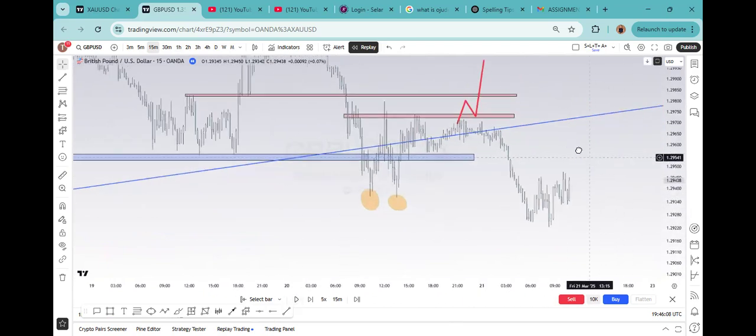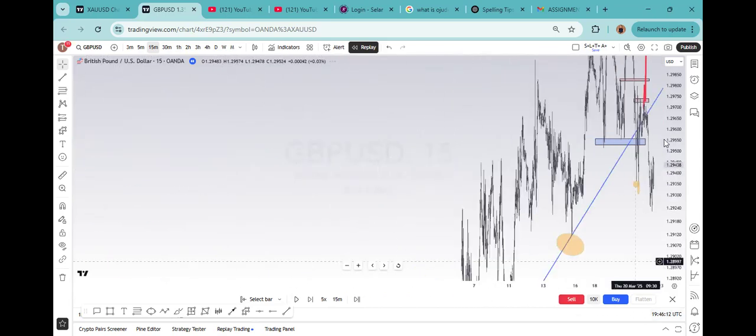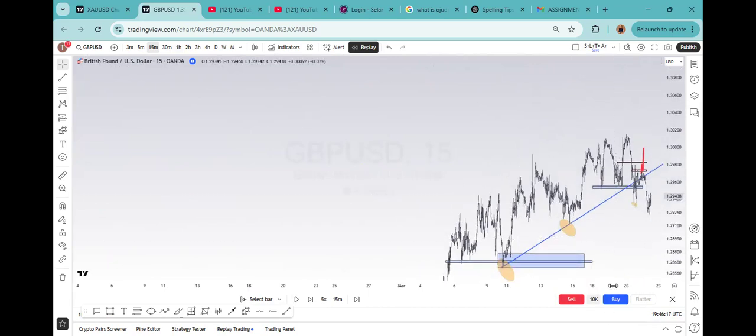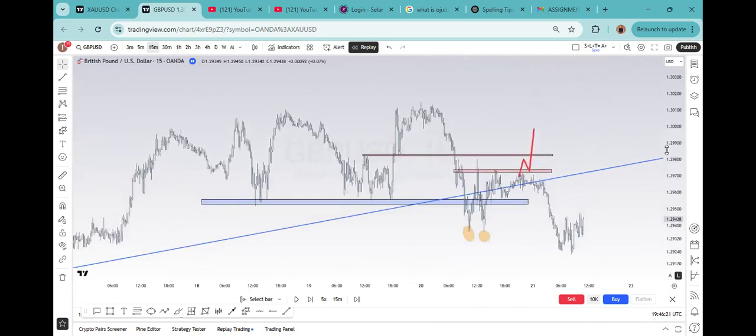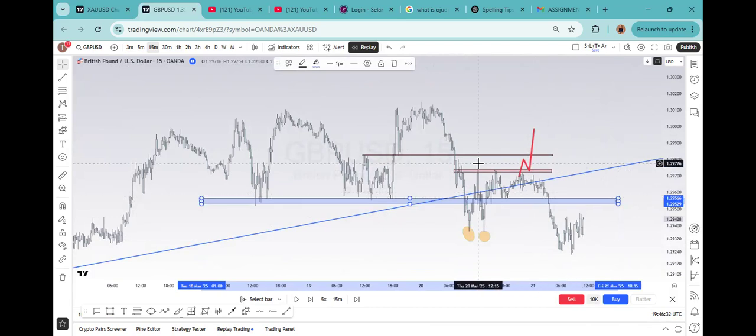So right now we have a clear bearish momentum that broke the trend line now, and we can get a retest of that trend line for a sell. Also, this has been broken, so you see it pays to wait.